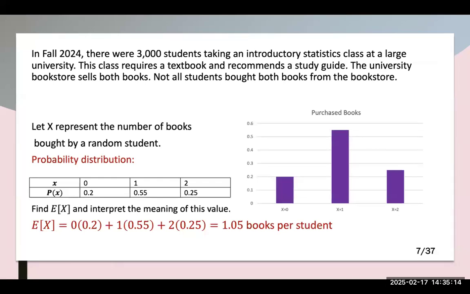And if we just write how many books they bought each time, like Jill bought 1 book, Sally bought 2 books, Tony bought no books, and then we add all of the number of books that all these people bought and divide by how many students came in, it should be close to 1.05.